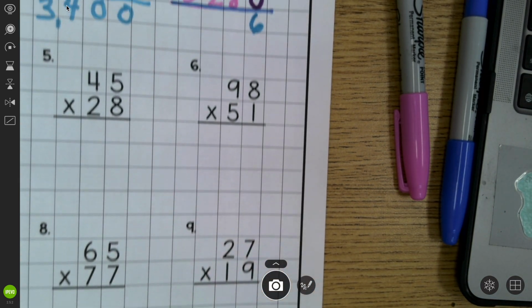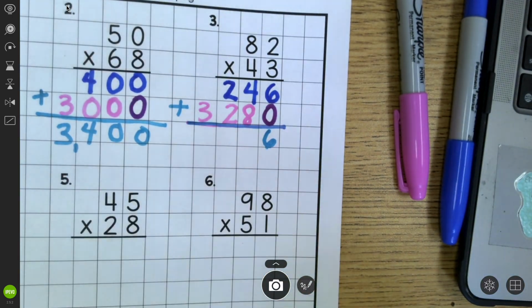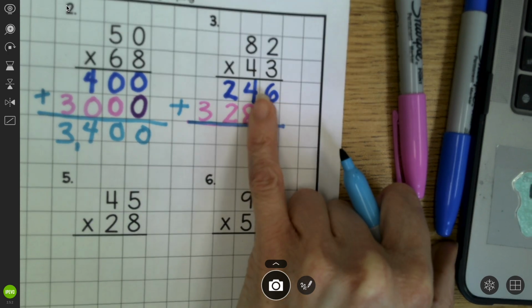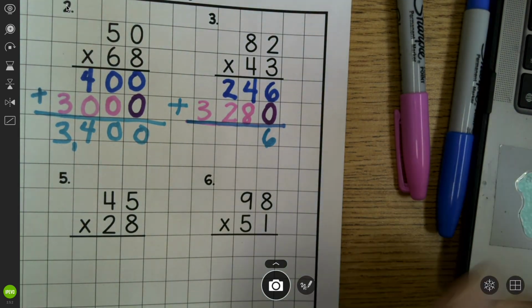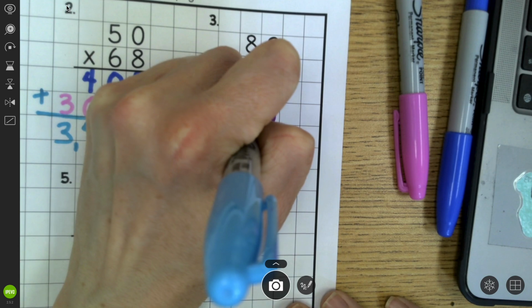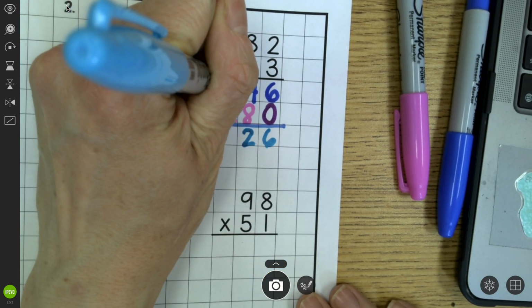Okay, let's finish adding. Then we have 4 plus 8. Whenever I add, I start with the larger number and I count up from there. So I'm going to put an 8 in my head and count up 4. So 8, 9, 10, 11, 12. 2 in the ones place, a 1 in the tens, so I'm going to carry the 1 up.